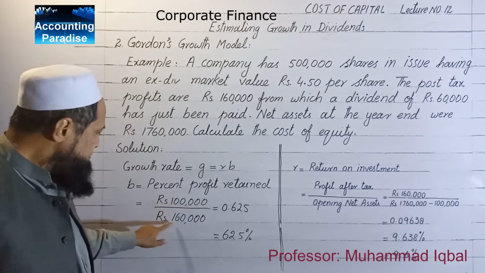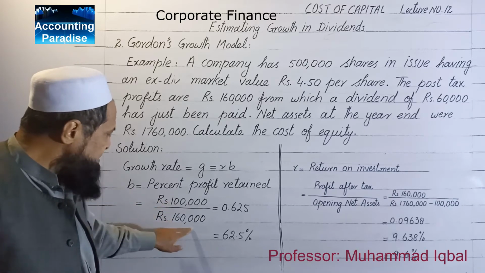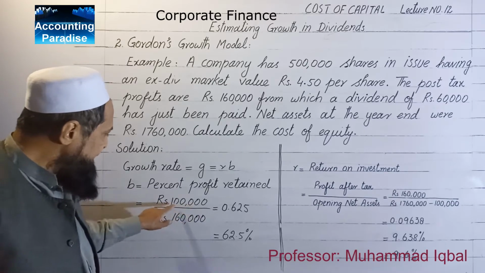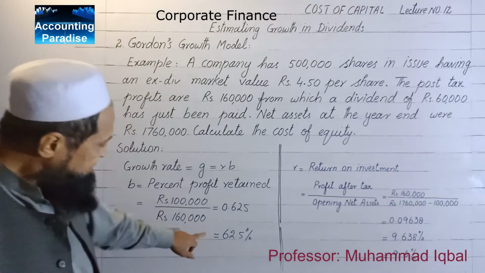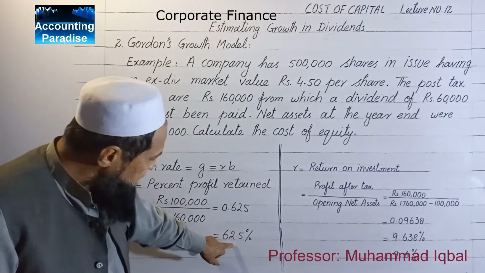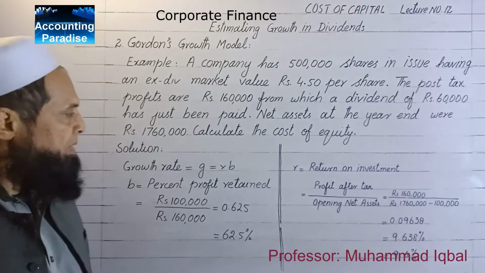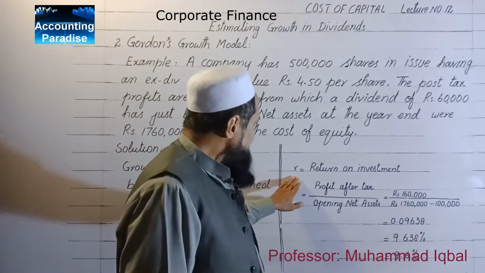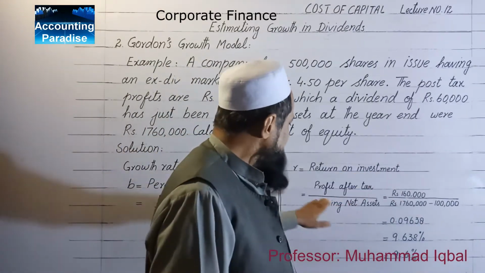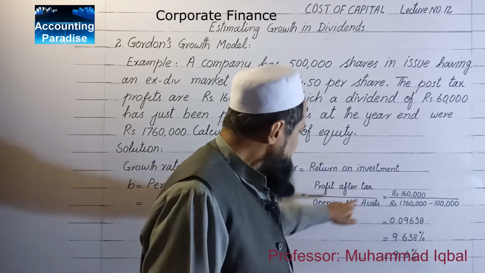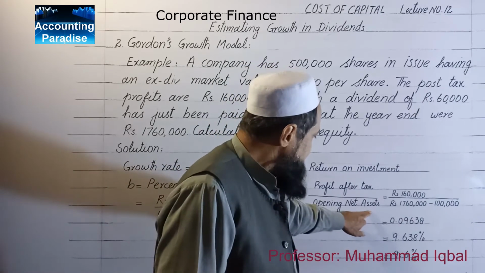Total profits are 1,60,000 and the retained are 1 lakh. The percentage comes to 62.5%. The value of R is the calculated return on investment, profit after tax over opening net assets.